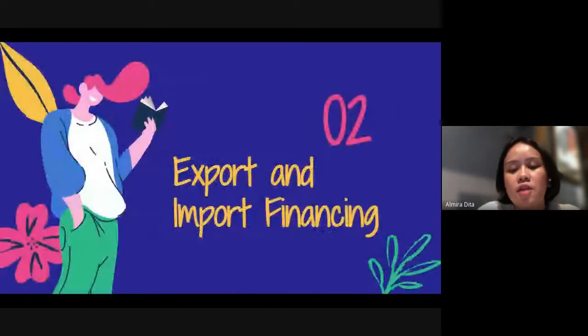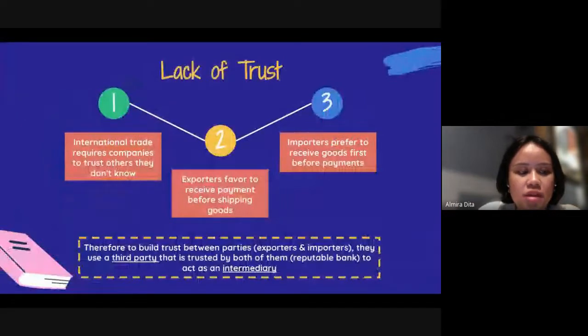Now we're going to talk about export and import financing. Because firms engage in international trade, they will have trust issues because they are forced to trust somebody that they may have never seen or maybe never heard of. Therefore, there is some lack of trust.